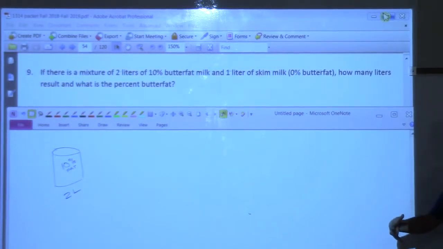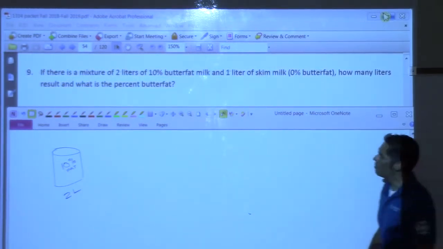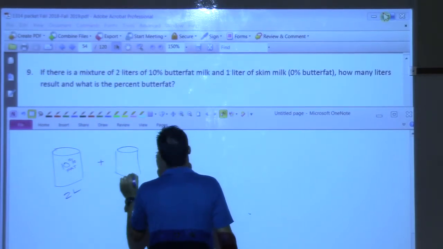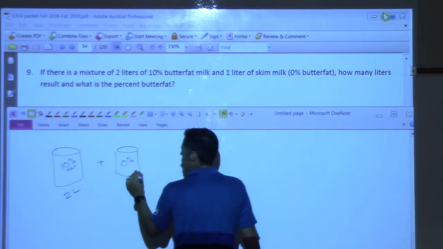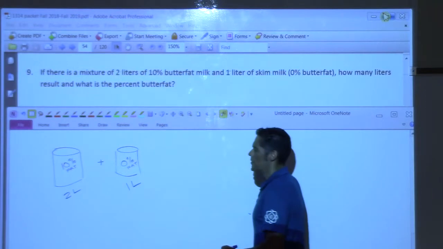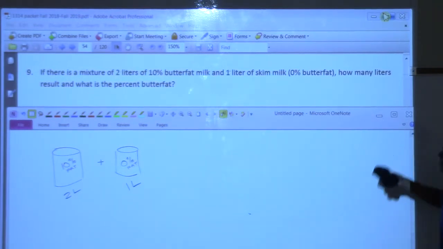It's got a 2 liter mixture, it's got 10% fat in it. I'm going to add to that another container that has, how much? 0%, but how much is in this? 1 liter? And what we want to know is how many liters result and what's the percent butterfat.